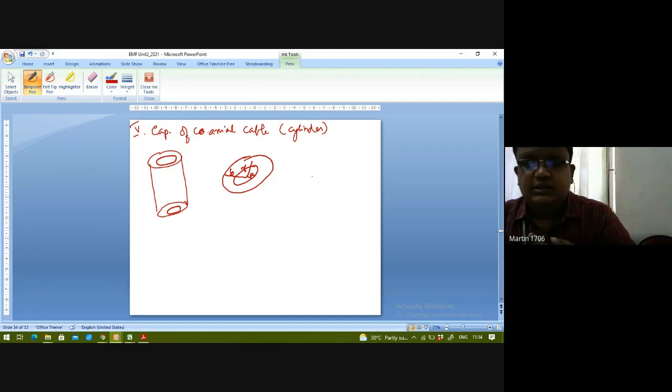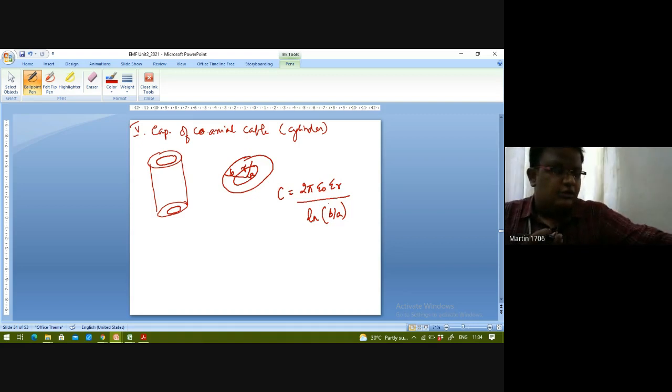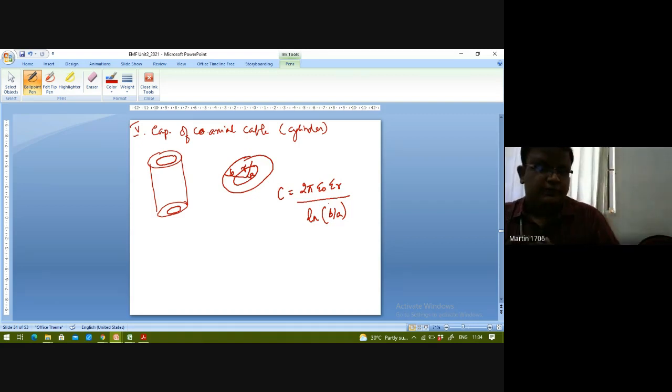Just see the formula: C is equal to 2 pi epsilon naught into epsilon R whole divided by ln B by A. So this is the capacitance of the coaxial cable.